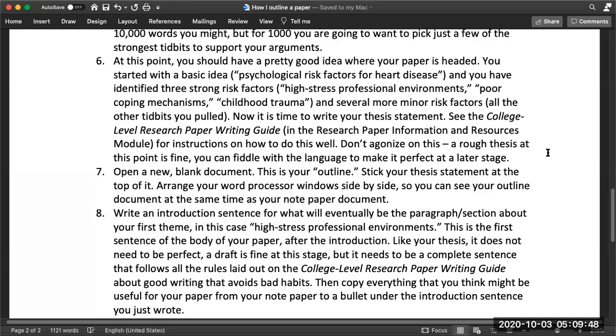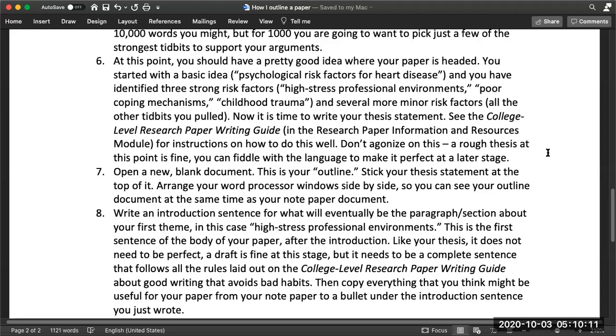You started from a place where you just had an idea of psychological risk factors for heart disease, and now you have some basis to form your arguments about what those might be. And now you need to write your thesis about what that might be.